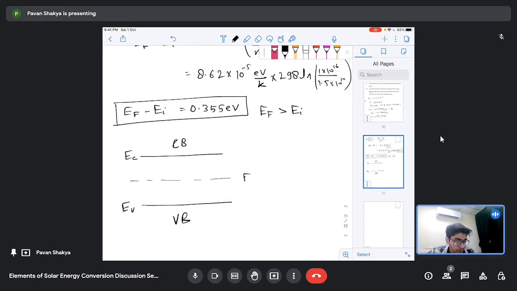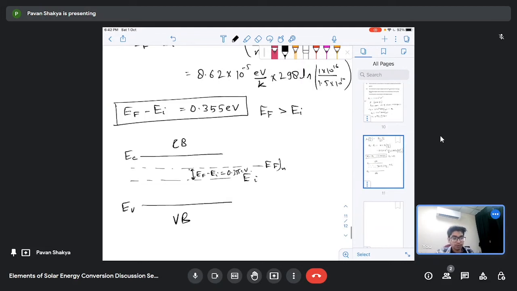This is the intrinsic Fermi level, noted as Ei. It will shift upward. This one is the Ef for the n-type semiconductor, and the shift is Ef minus Ei, equal to 0.355 electron volt, as asked in the problem.